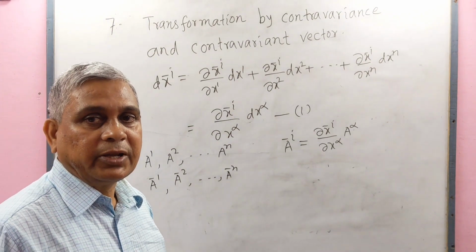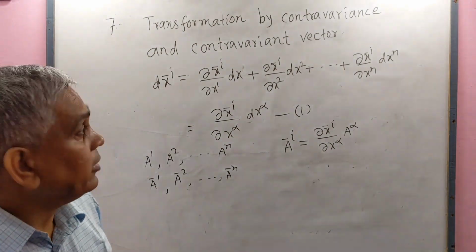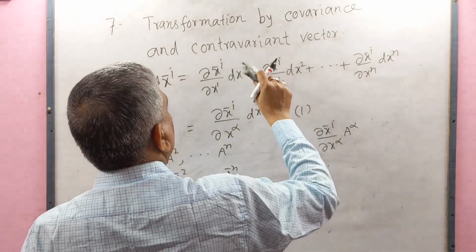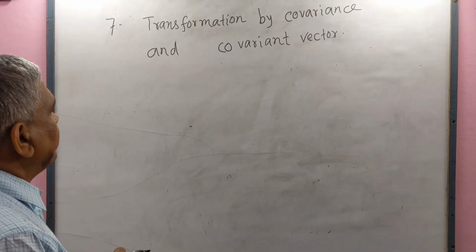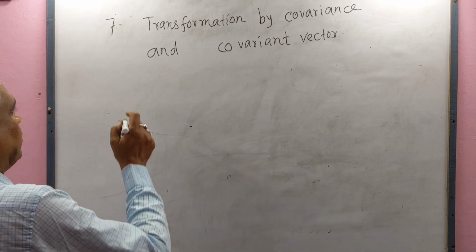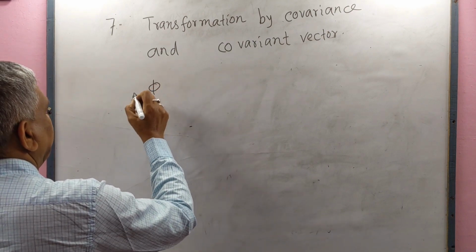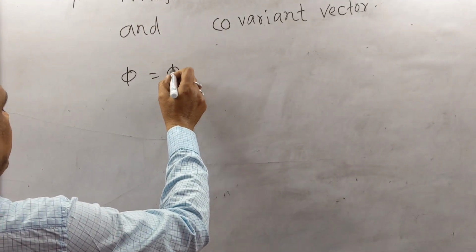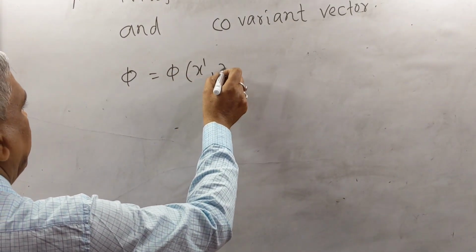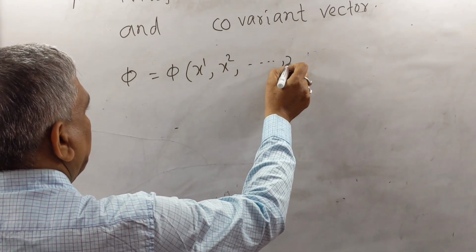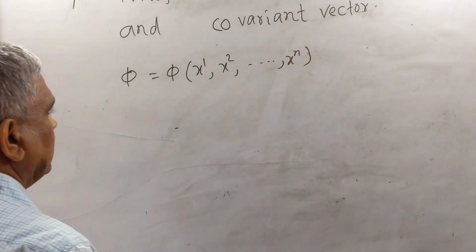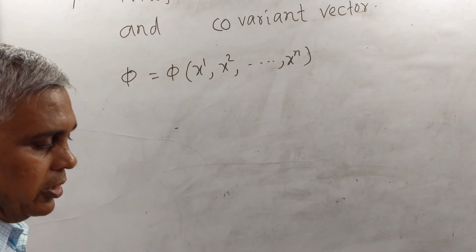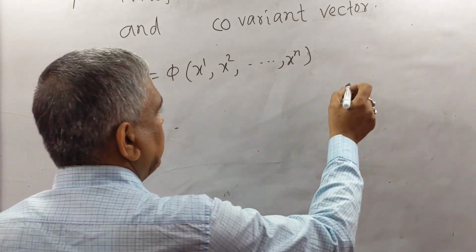Our next concept is transformation by covariance and covariant vector. Now we have a scalar valued function phi, which is a function of x1, x2, ..., xn. Here x1, x2, ..., xn are coordinates in the x system of coordinates.